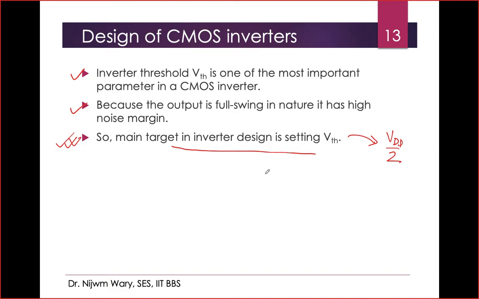That's why the main target of a good CMOS inverter is to set this threshold voltage to VDD by 2.